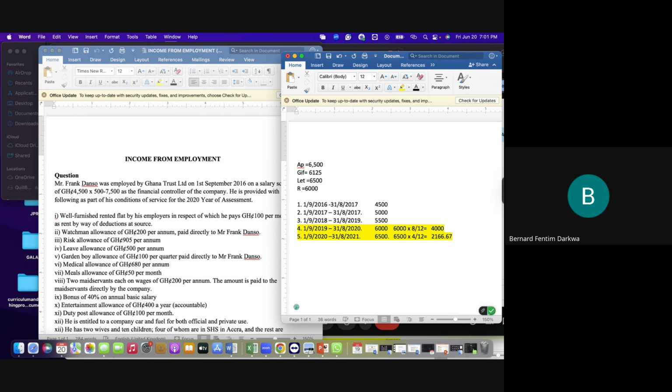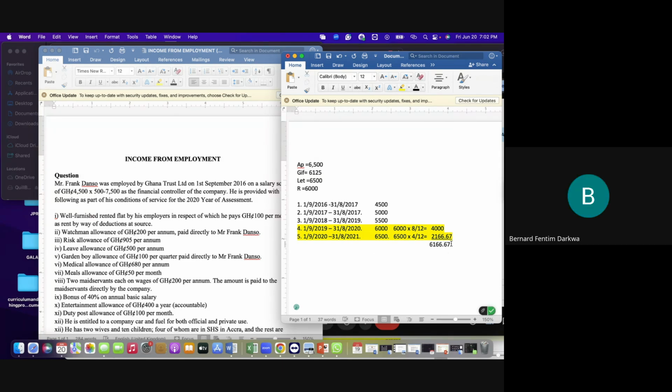So now the basic salary that you were supposed to get for this question under consideration was supposed to be this one. Now add the two. 4,000 plus this will give what? Add it. 4,216.67? No, you have to get 6,000-something. 6,166.67.